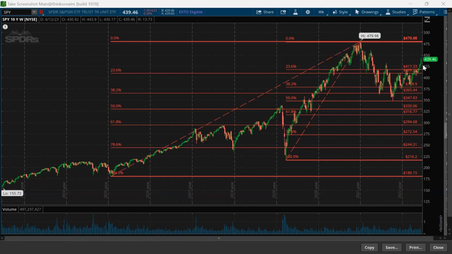So we are now several days with a very bullish signal above that resistance point of 417. So because of that, this will continue to rally and test the high.